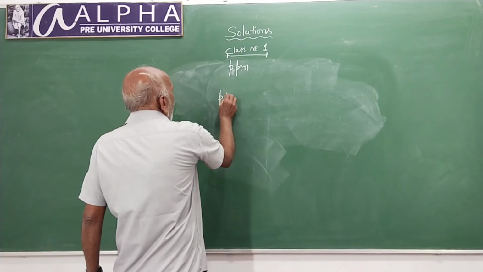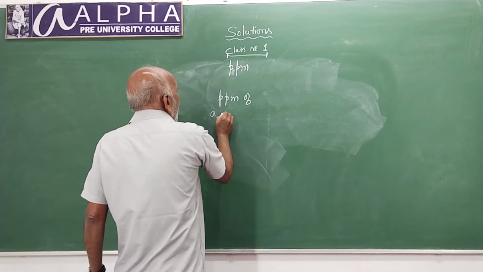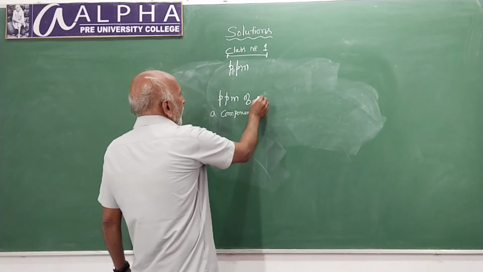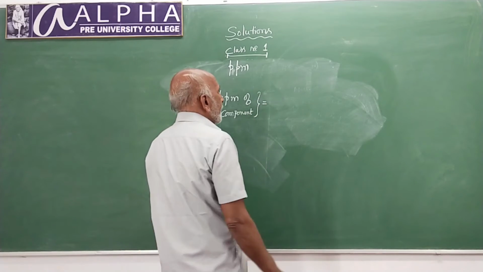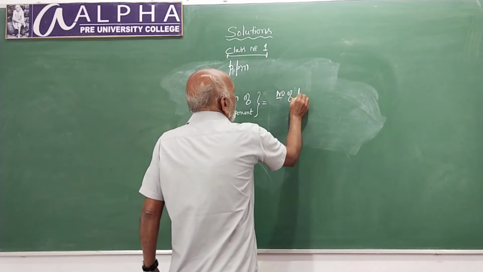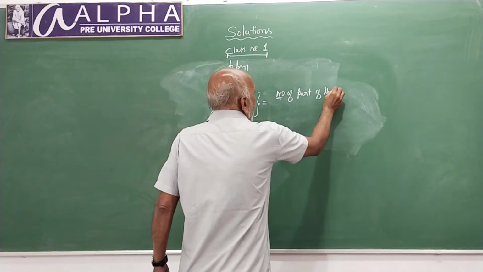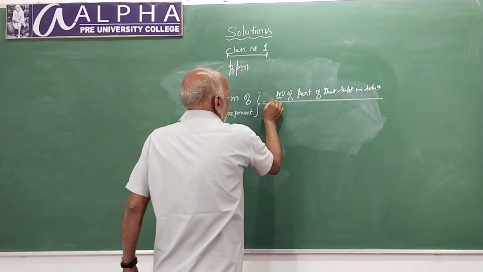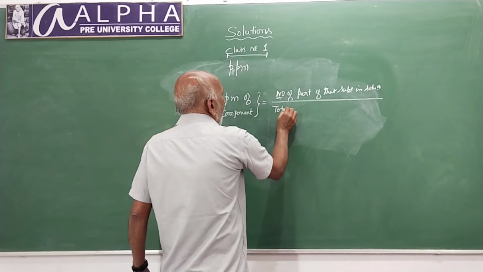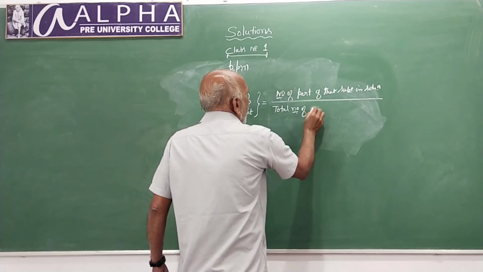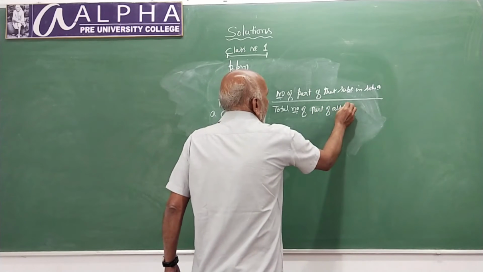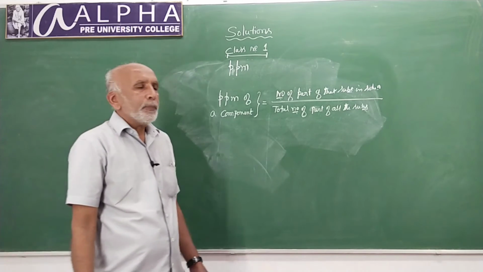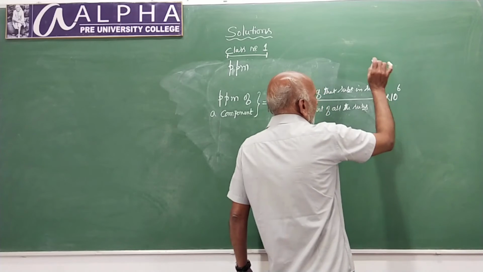So, ppm, parts per million of a component of a system or solution is equal to number of parts of that substance or component in solution or system divided by total number of parts of all the substances present in the solution, into 10 to the power of 6.